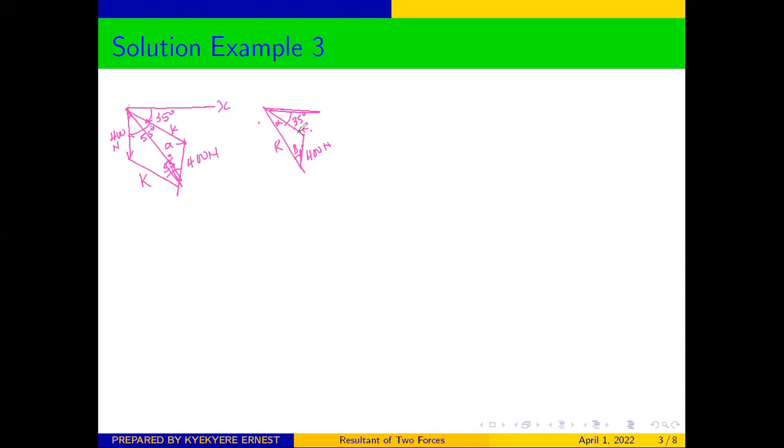You can see clearly that it is not this angle, because from the diagram, this angle is more than 55. So it means that the angle, which is given as 55, is at this side of the triangle.